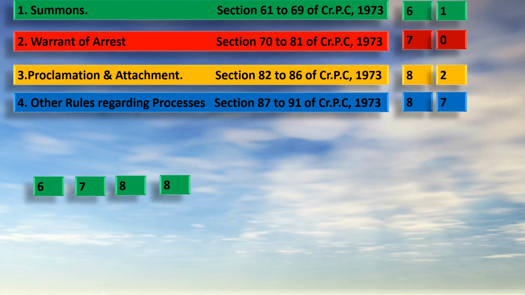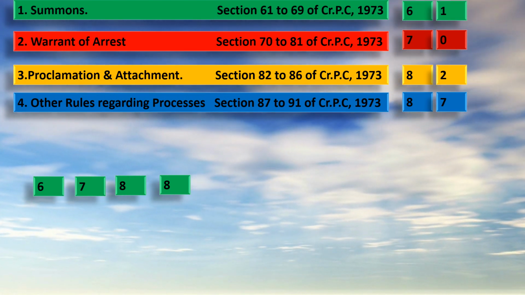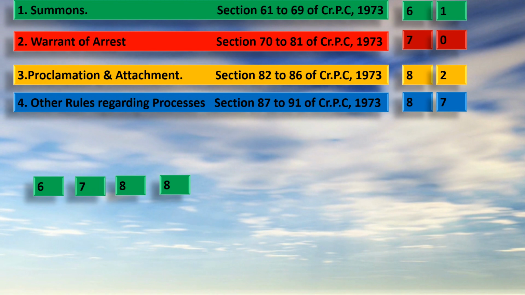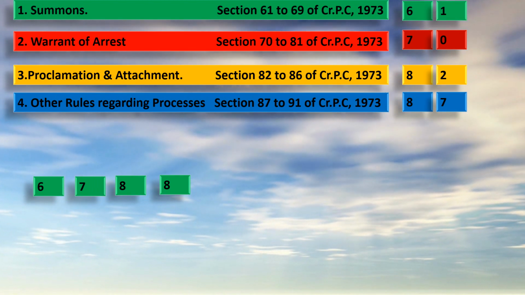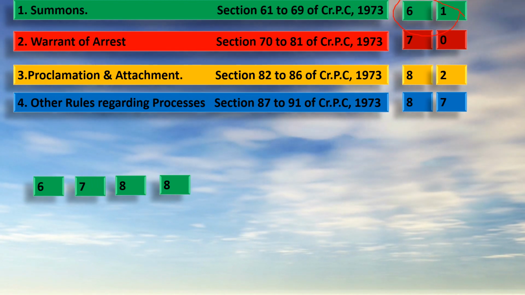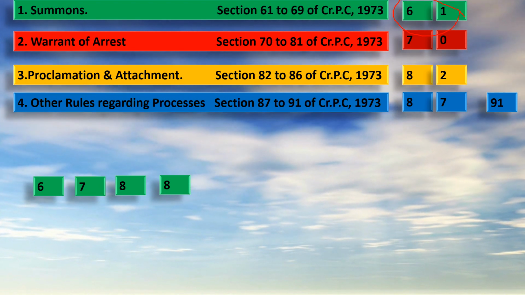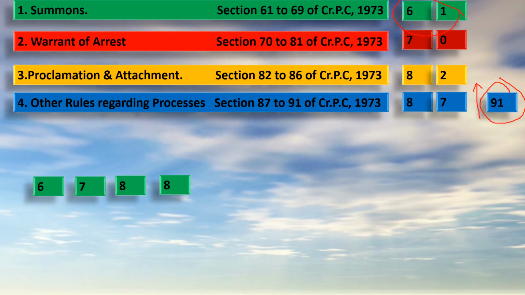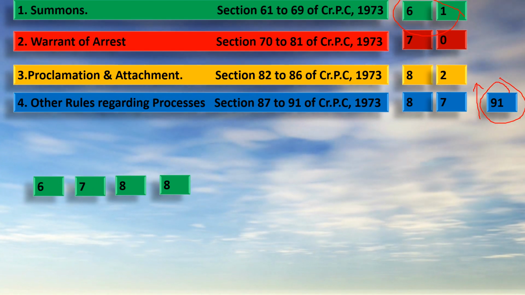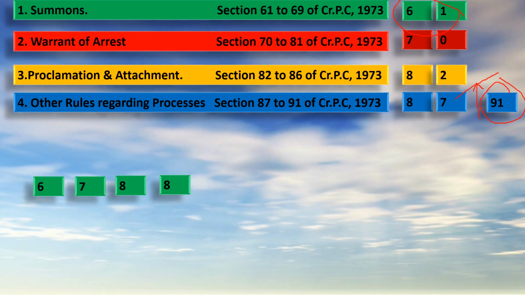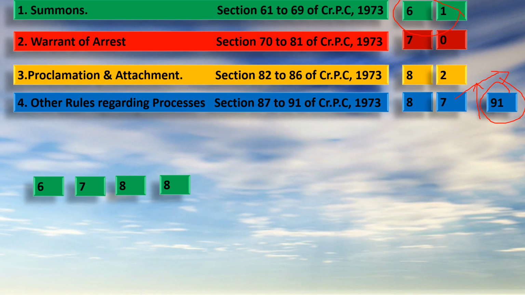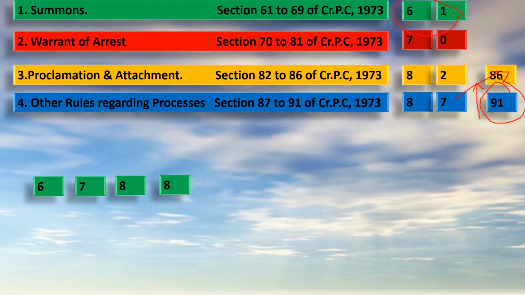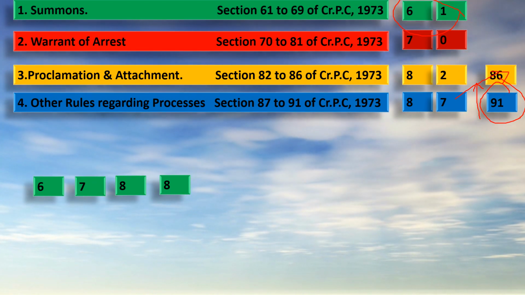We already know that chapter 6, process to compel appearances, begins with section 61 and ends with section 91. So if we start from reverse order, section 91 is the last one we write over here, then automatically 87 is the beginning of other processes. This means the previous one ended with section 86.